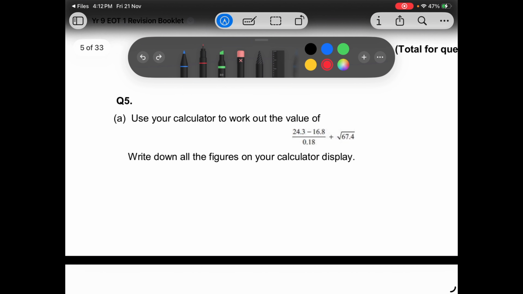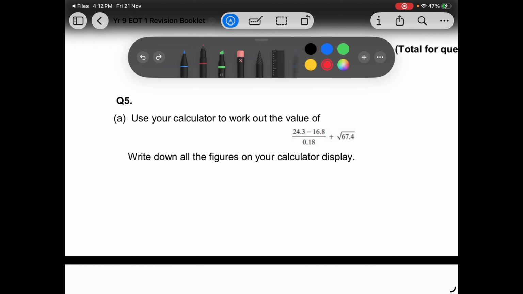So use your calculator. Oh, this is wonderful. Use your calculator. Okay. Work out the value of this guy here. Okay, so I will keep this for you guys.